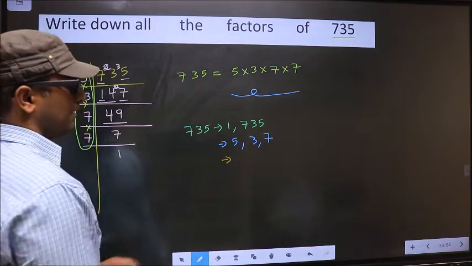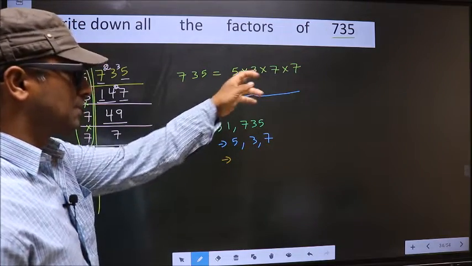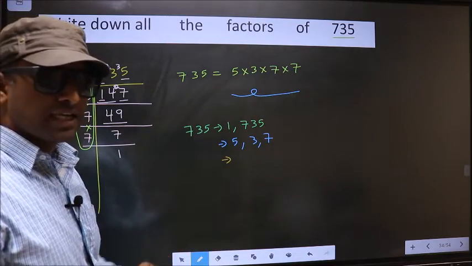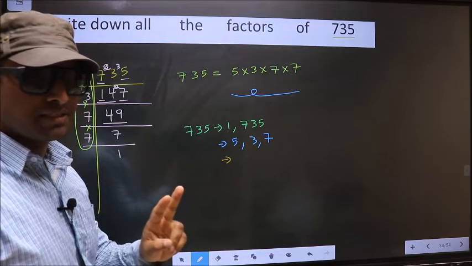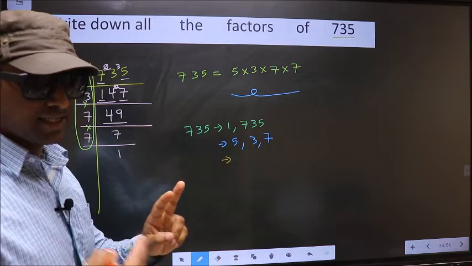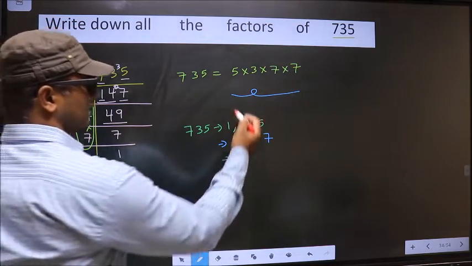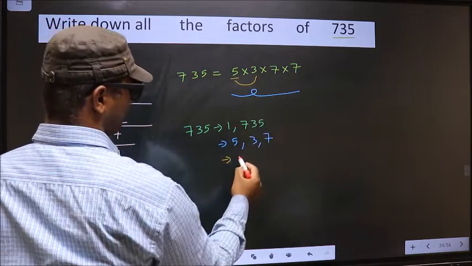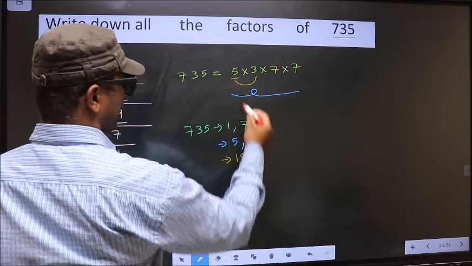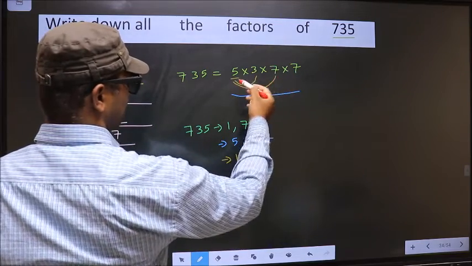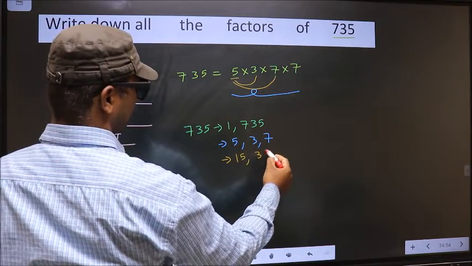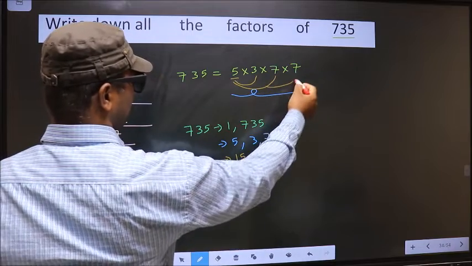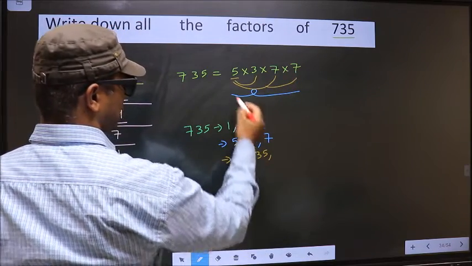Next. Now from these numbers, you take a combination of two numbers. How do we do that? See. First, you fix 5. Combine with 3. 5 into 3, 15. Now you combine with 7. 5 into 7, 35. If you combine with this 7, you get the same number.